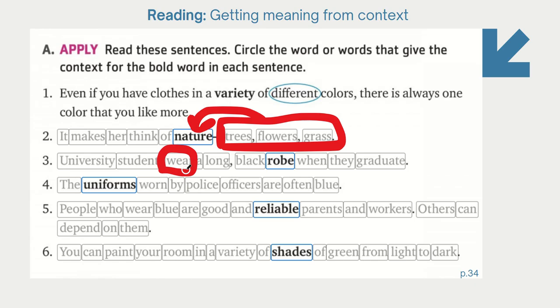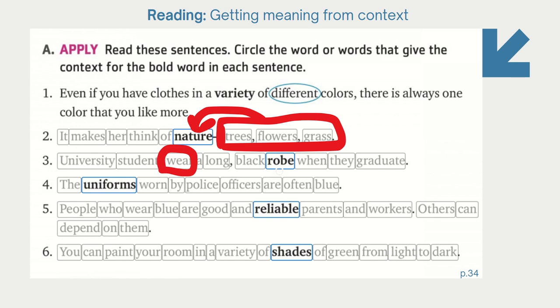It must be some clothes, right? It can be a shirt, a skirt, pants, or a t-shirt. But right here, wear what? Wear a robe. So you can guess a robe is something we can wear.